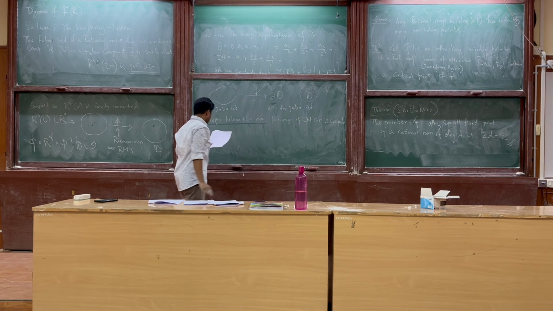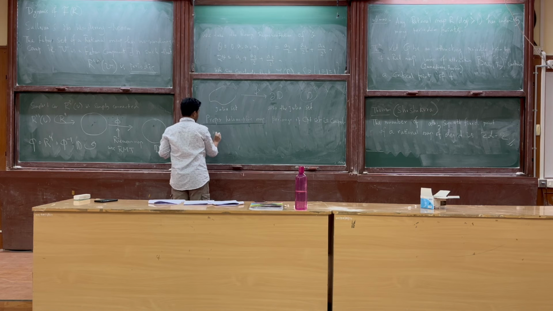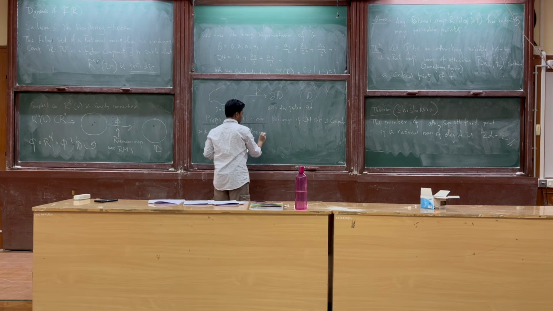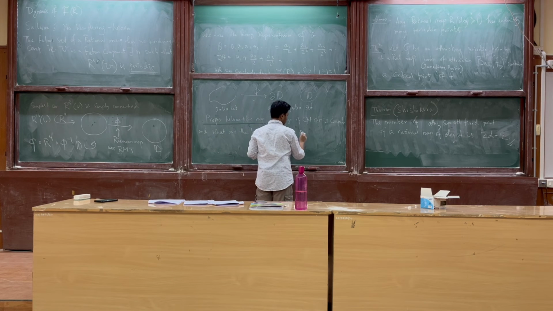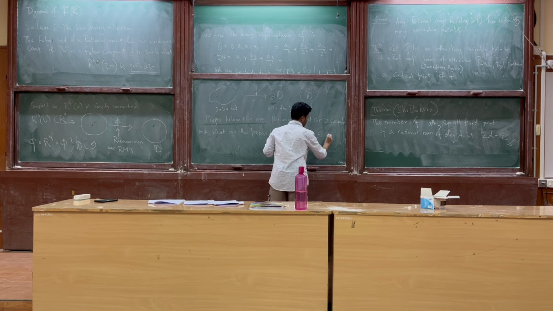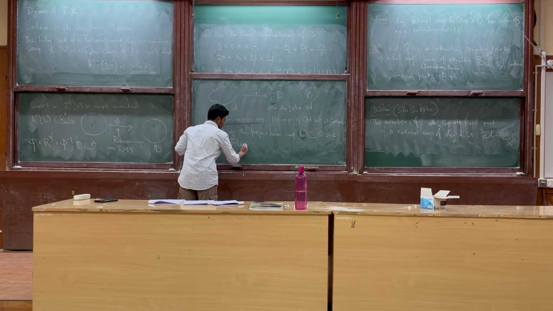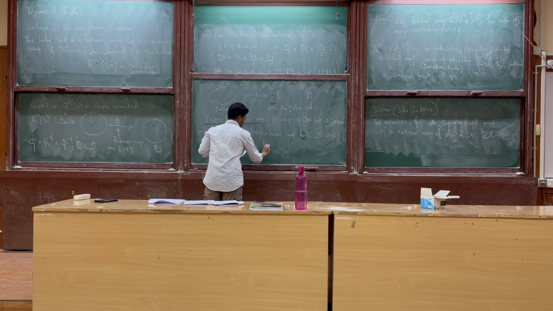Okay. And what are the proper maps from D to itself?